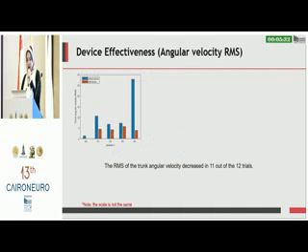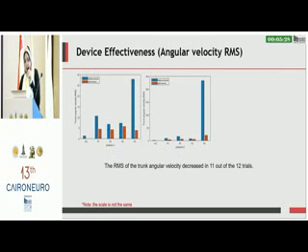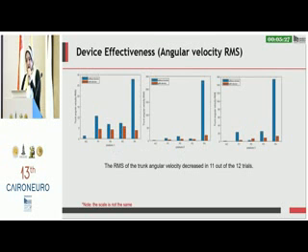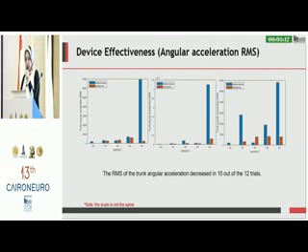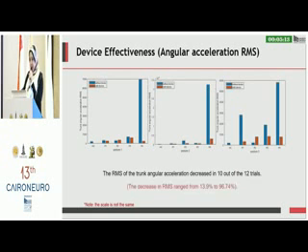The angular velocity range of motion decreased in 11 out of 12 trials in the 3 postures, as we see in the graphs. The angular acceleration root mean square values decreased in 10 out of 12 trials.